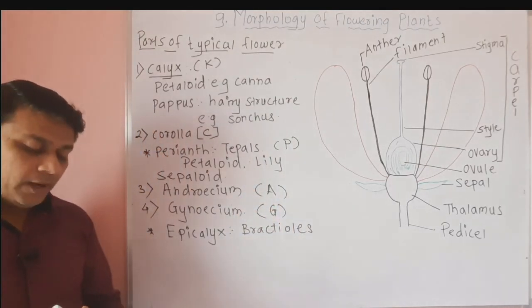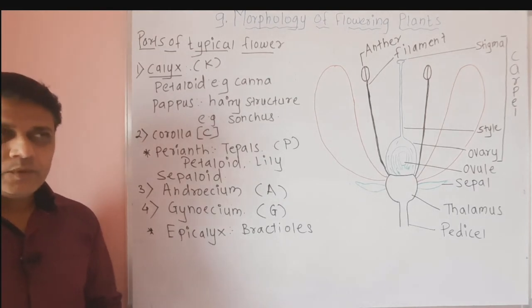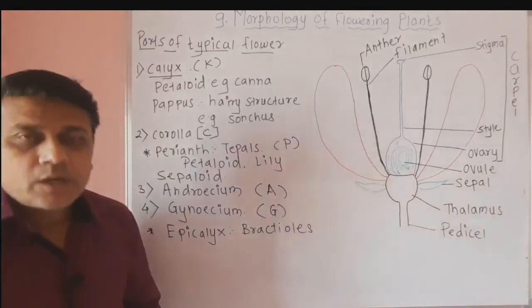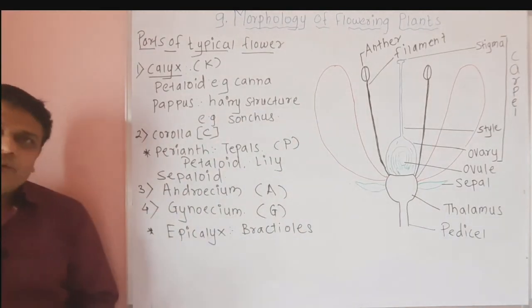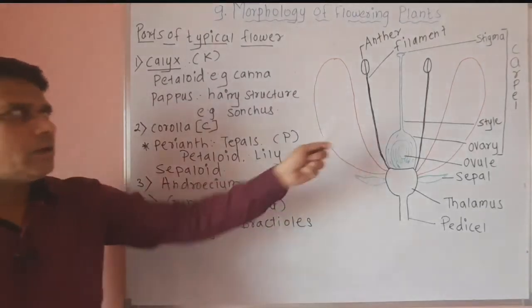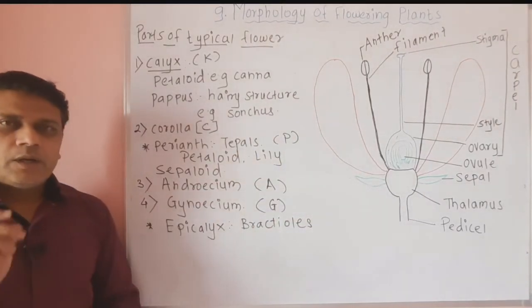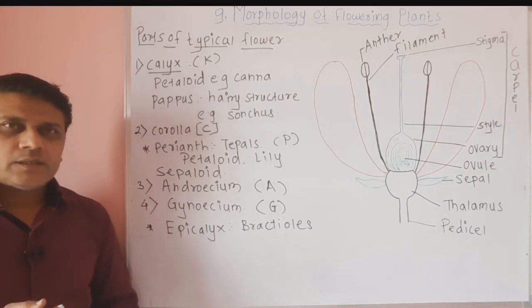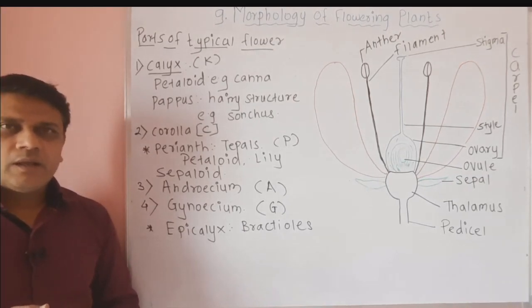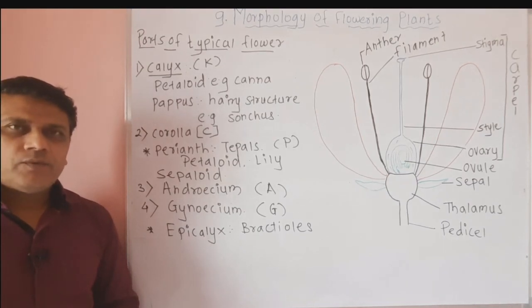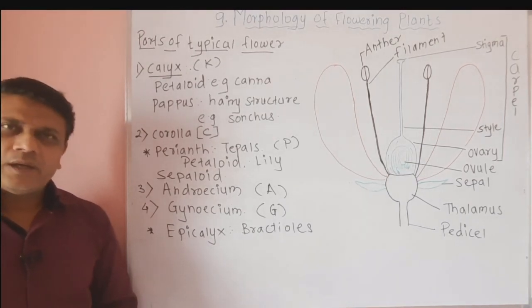Now floral formula is used to describe the structure of flower in short. So here we have seen the structure of typical flower. A typical flower shows presence of calyx, then corolla, male reproductive part that is androecium, and female reproductive part that is gynoecium.